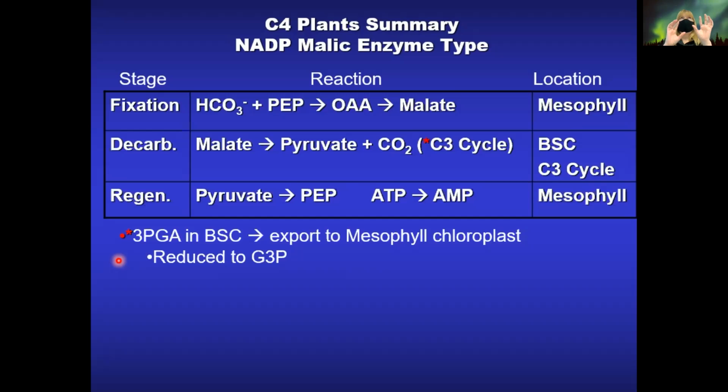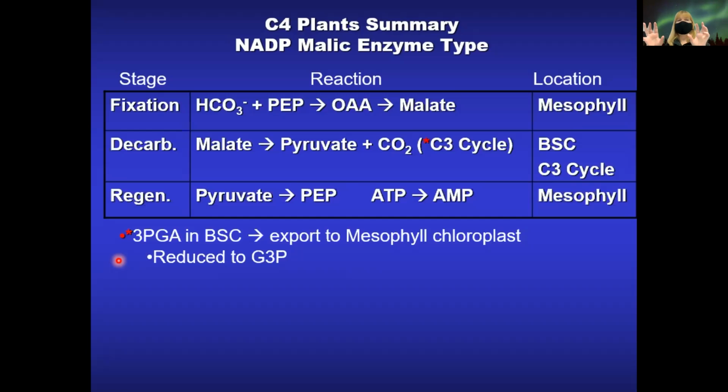And that all just happens spontaneously. Then the next step of the C3 cycle is PGA gets converted to G3P. Now that part of the C3 cycle, you do have to expend ATP and NADPH.